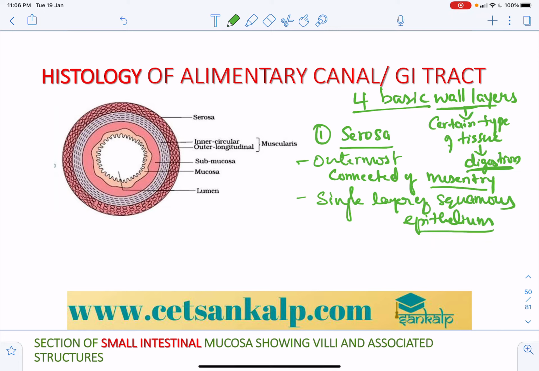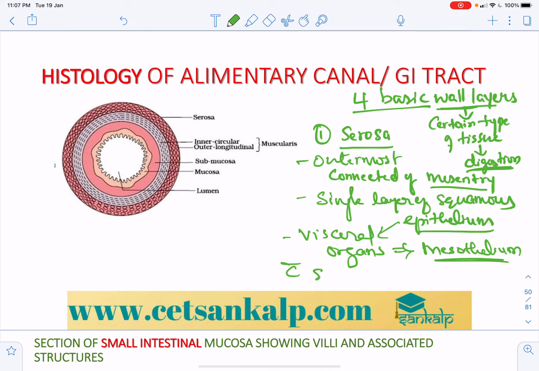So here you should keep it in mind that in visceral organs, the outermost layer is generally the serosa, which is the epithelium of the visceral organ, called mesothelium. It is squamous epithelium with some connective tissue, so the serosa consists of connective tissue.